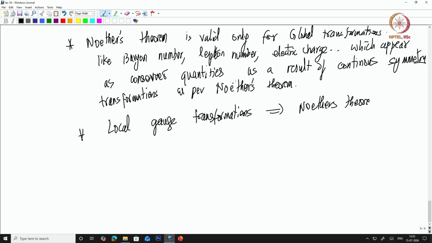But there is always a conserved current associated with it, and you can build a conserved current, which is a very special case for the U(1).